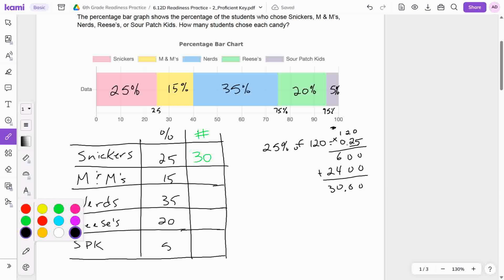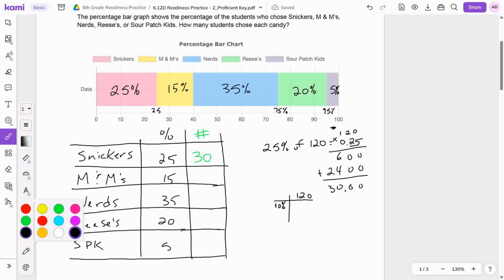Another thing we could do is make ourselves a little bit of a cheat sheet. So 120, what is 10% of 120? Well, dividing by 10 is the same as multiplying by 0.10, or 1/10. And so we just shift the decimal over 1 to the left.